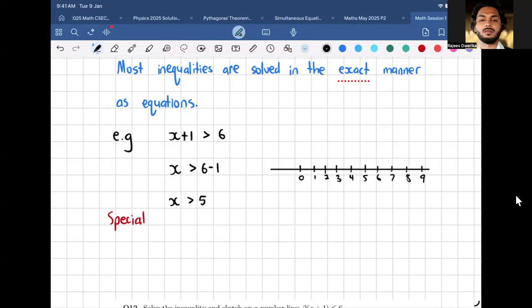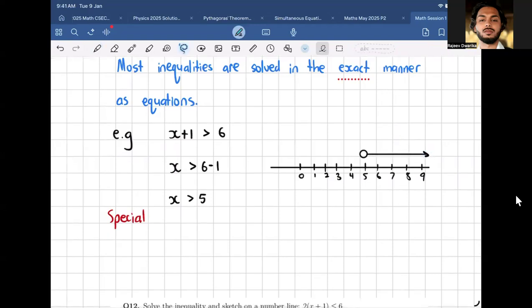Vanessa, if I'm drawing the number line, where would I start from? 5, right? And I would draw an empty circle, not a square. And I would just draw my arrow because it's more than, it has to be positive. So I'll draw it in the rightmost direction.